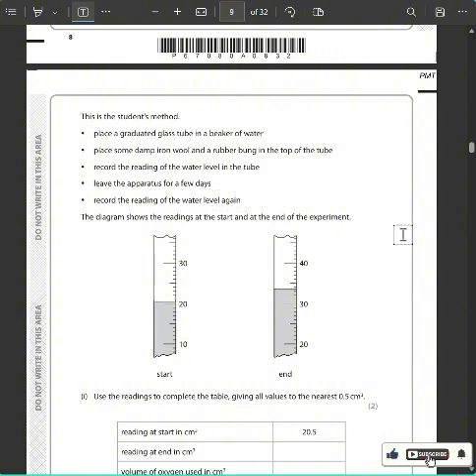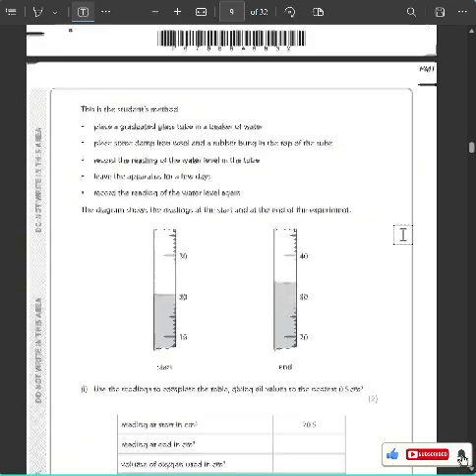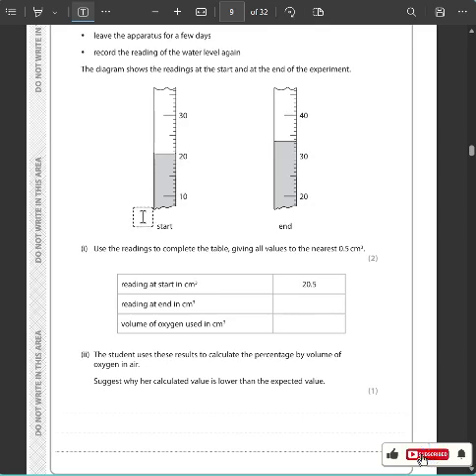The diagram shows the readings at the start and at the end of the experiment. Use the readings to complete the table, giving all values to the nearest 0.5 cm³.